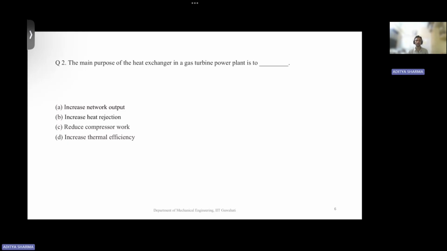So the question asks, the main purpose of heat exchanger in a gas turbine power plant is to dash: is to increase the network output, to increase the heat rejection, to reduce the compressor work, to increase the thermal efficiency.